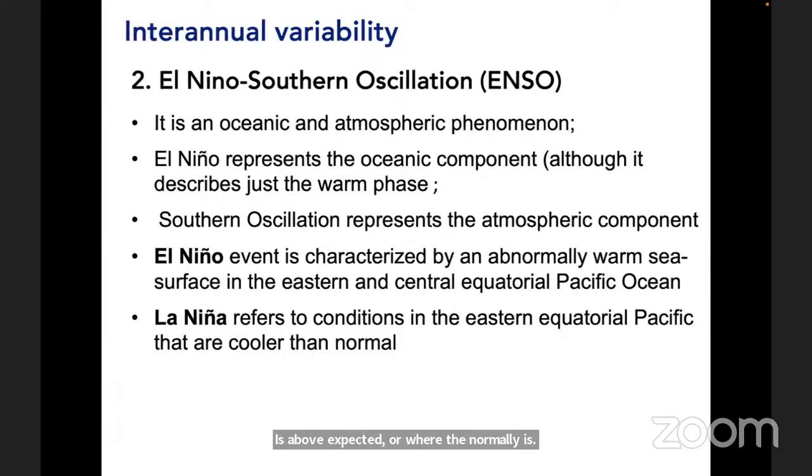For people who speak Spanish or even Portuguese, Niño is a boy and Niña is a girl. There are historic reasons why; this phenomenon happens near Peru, in Latin America, and Niño has something to do with a boy, but I don't know what the La Niña part is.